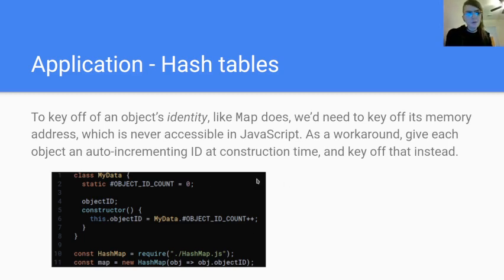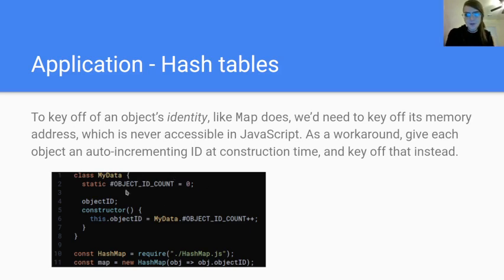If we want to key off the object identity, then we can't use the memory address as I noted, but we can make every object unique at construction time. We can keep a static variable in the class that increments every time we do a construction. So every time that we initialize a new myData instance, it's going to get a different object ID.